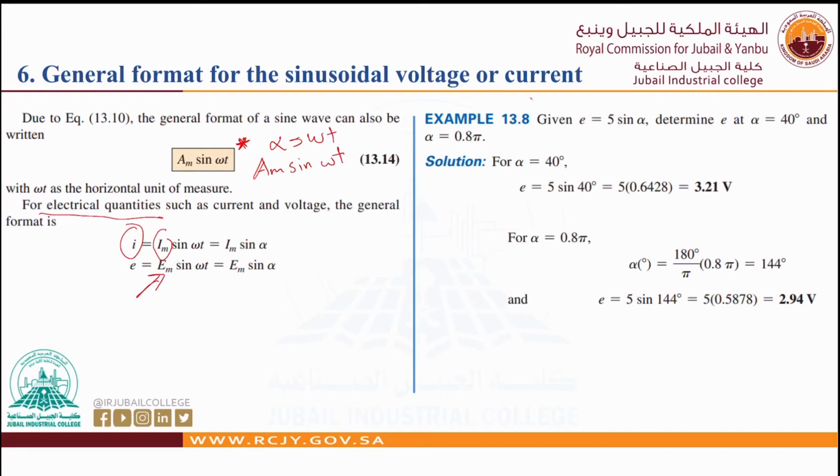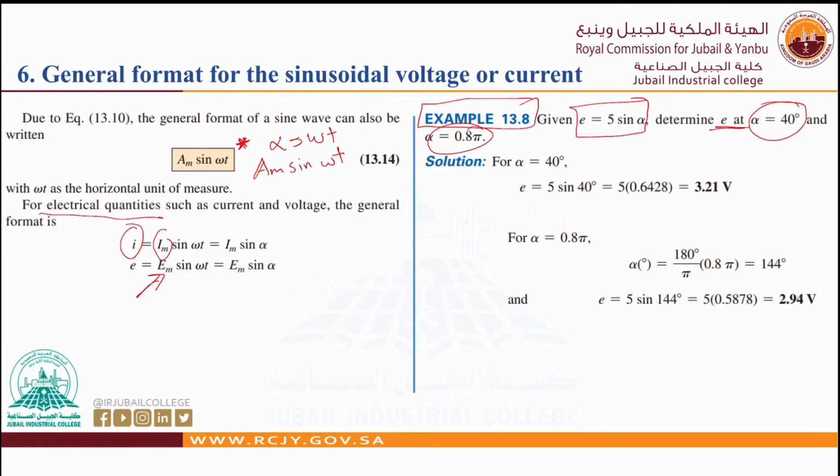Now, example. Given e equal to, this is the question, guys, e equal to 5 sine alpha. Determine e at alpha is 40 degrees, and alpha is 0.8 pi. So I have two alphas. I need to have the voltage at two angles.